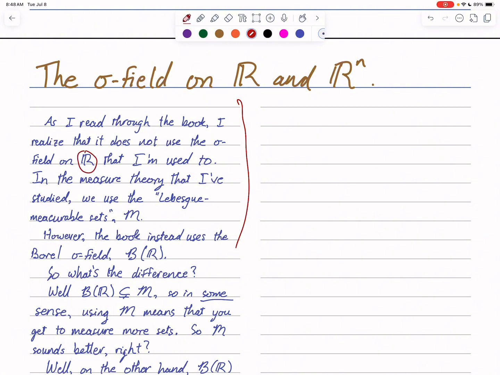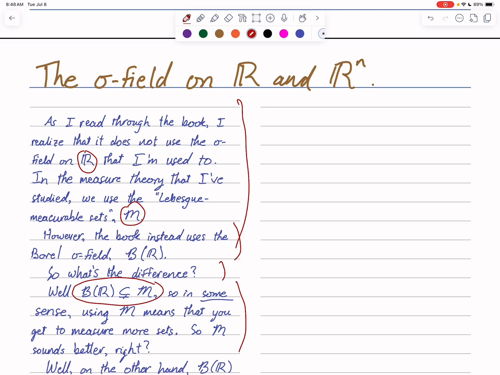In the measure theory that I've studied up to this point, the sigma field typically used on the real numbers is the Lebesgue measurable sets, which is often denoted with a script M. However, the textbook uses the Borel sigma field. So what's the difference? Well, the Borel sigma field is a proper subset of the Lebesgue measurable sets.